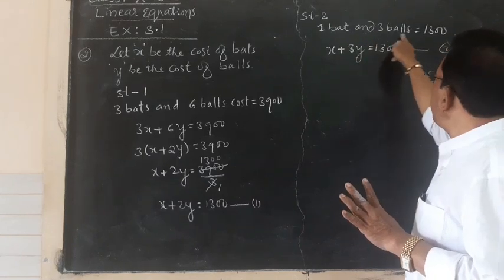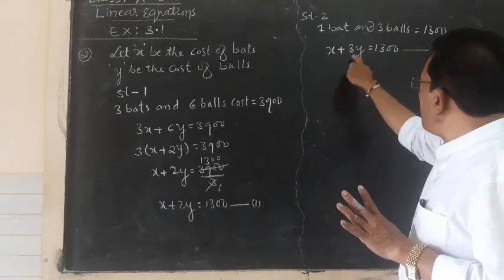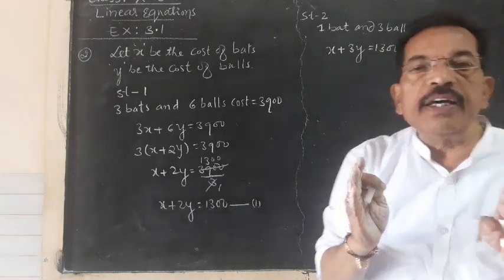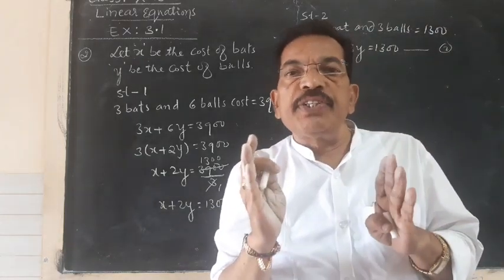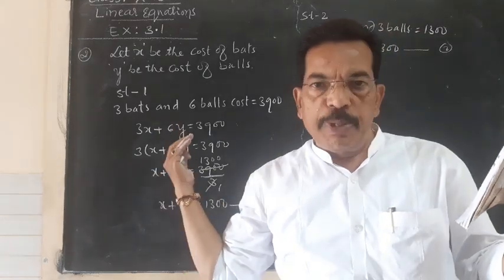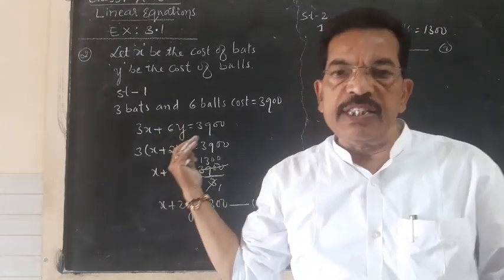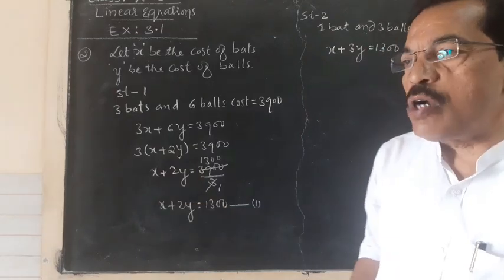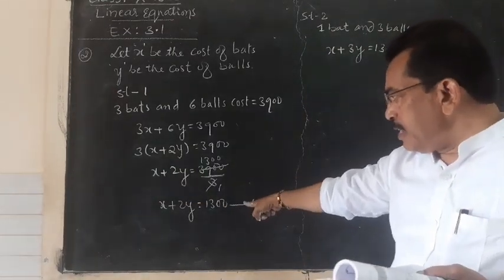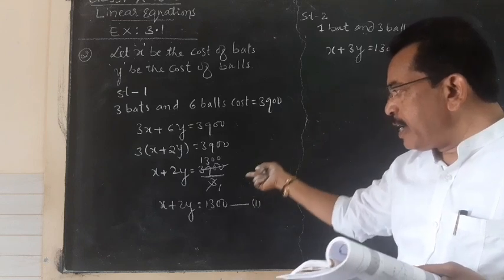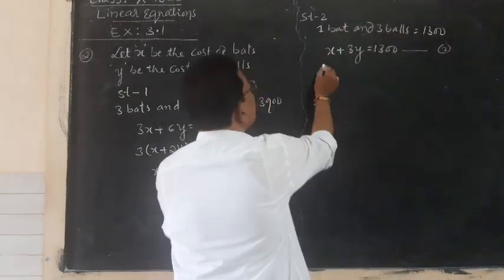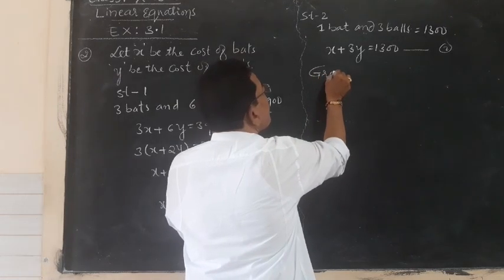Then 1 bat and 3 balls for 1,300, that is x plus 3y equals 1,300. These are the algebraic representations. Then what do we have to do? We have to represent these equations graphically. Let us consider the first one.